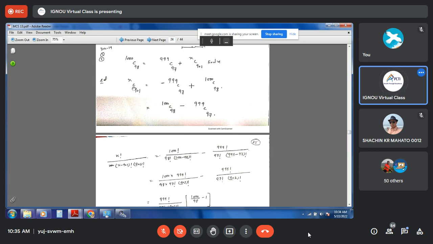Now, simply apply the formula NCR. NCR here we apply: x factorial divided by 901 factorial into x minus 901 factorial. N factorial divided by r factorial multiplied by n minus r factorial. Same formula.